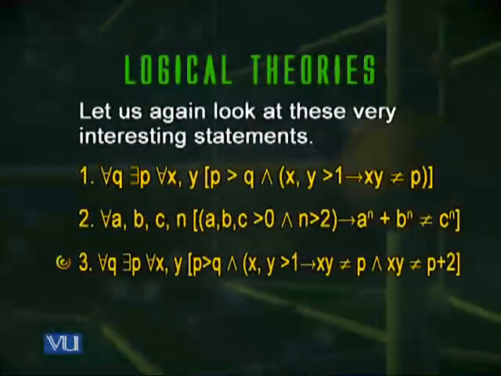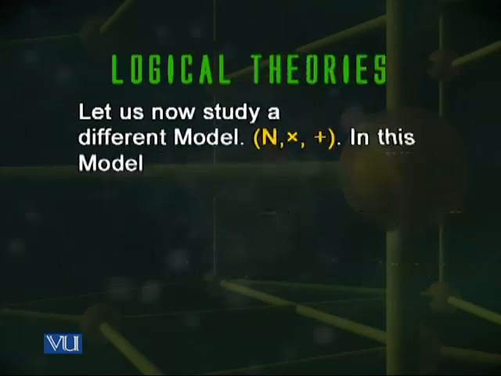So now what we want to do is discuss a model in which these statements can be expressed. We want to discuss a model such that these statements are in the language of that model. Let's look at that model. The first and third statements use multiplication, and the second also uses exponentiation, which is not allowed in Presburger arithmetic.